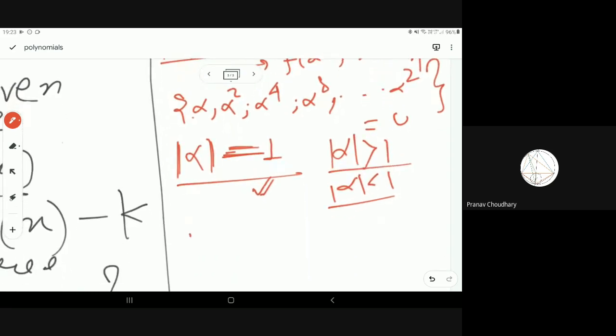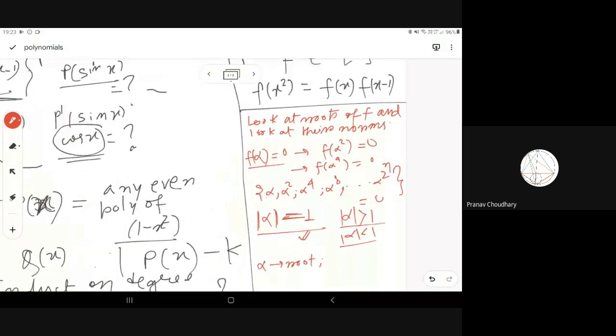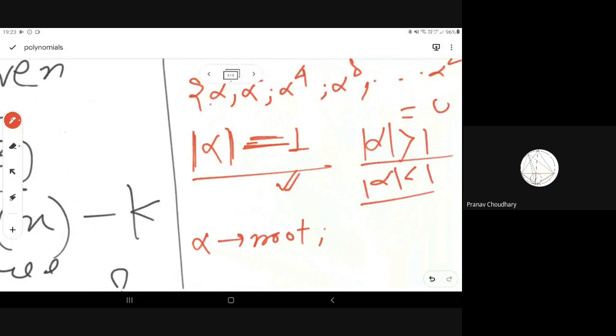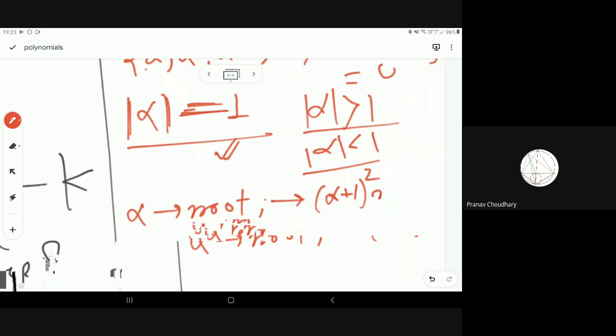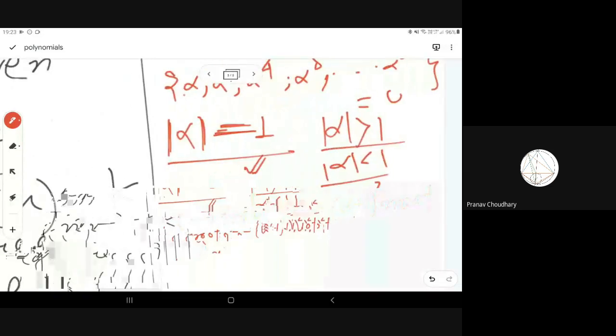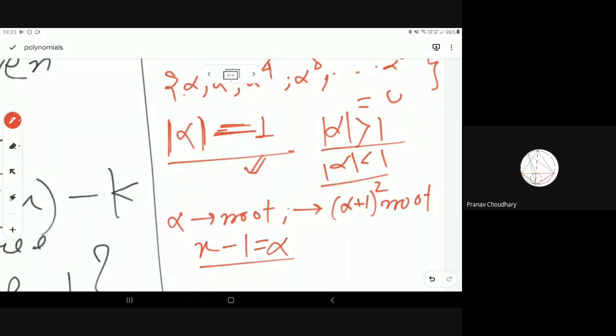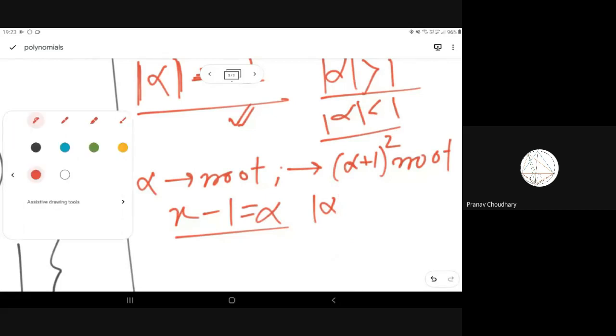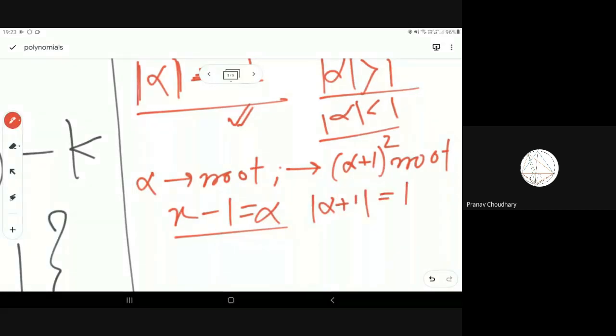But also note that if alpha is a root, then alpha plus 1 whole squared is also a root. For this, you substitute x minus 1 equals alpha. So from the above argument, we can again conclude that the absolute value of alpha plus 1 is also 1.